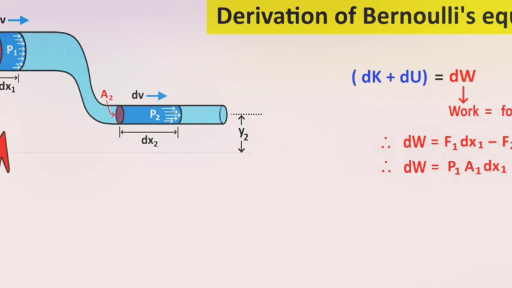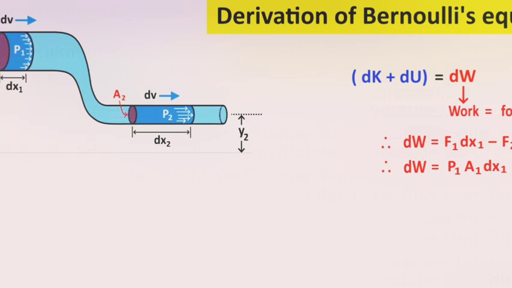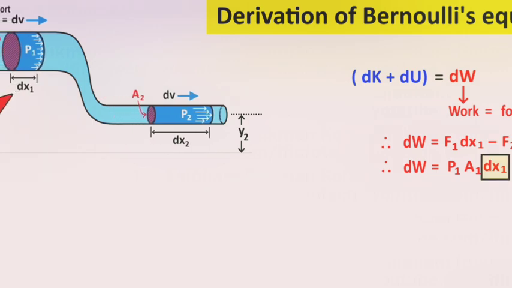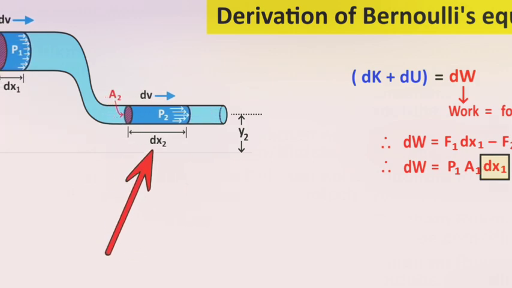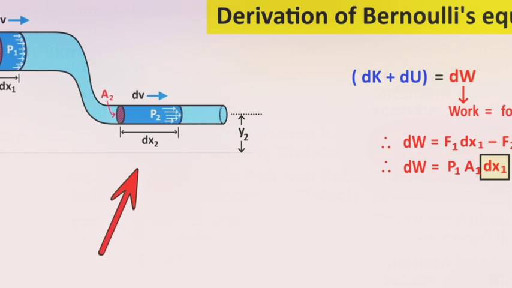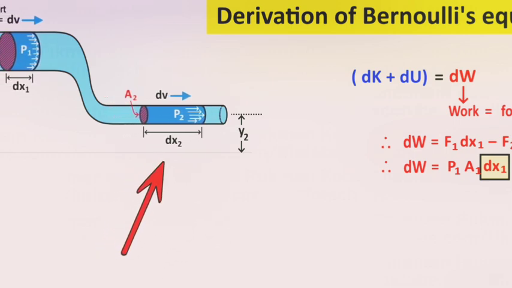For simplicity, we will consider the case where the force from water pressure to the left of volume 1 pushes volume 1 through its entire width dx1, assuming the fluid is incompressible. This must displace an equal volume of water everywhere in the system, causing volume 2 to be displaced through its length dx2.